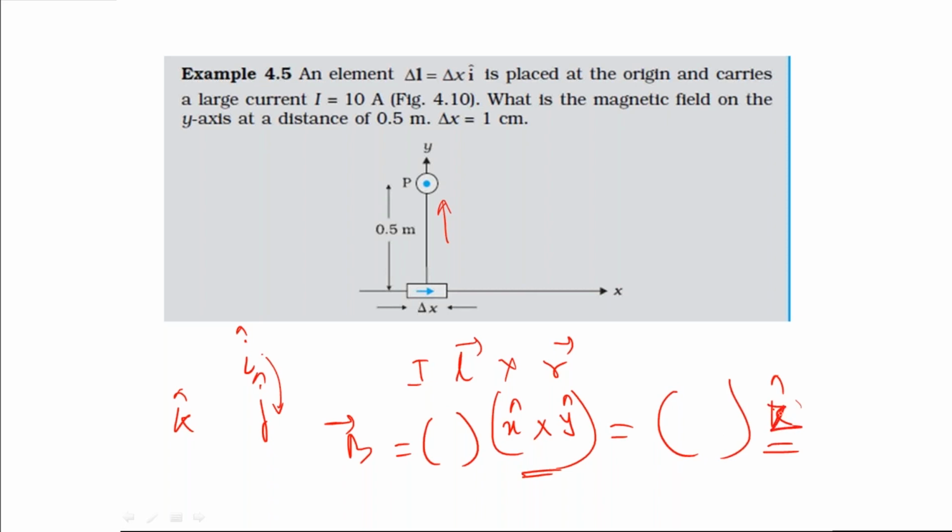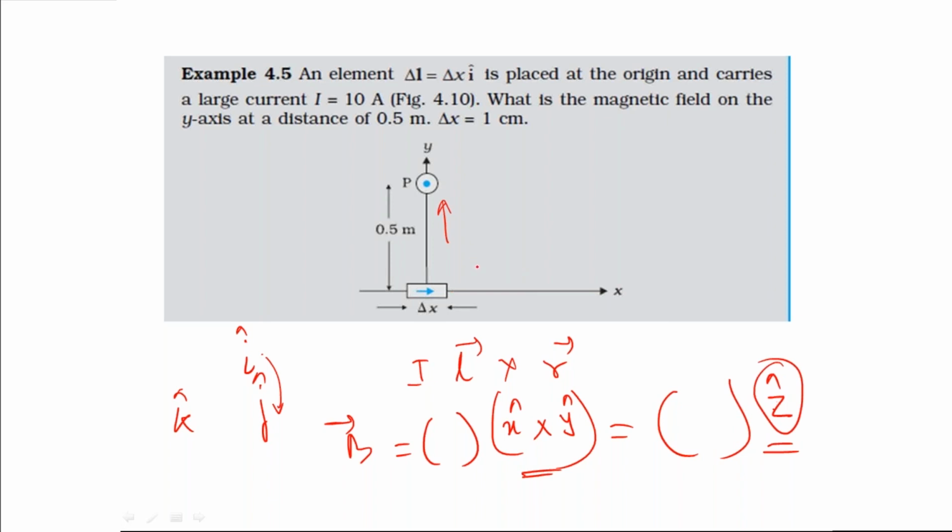Here I am writing x cap, y cap, so I should write z cap here, or otherwise you can write I cap, j cap, k cap. So it will be along the positive z direction. The direction of the magnetic field will be along the positive z direction.